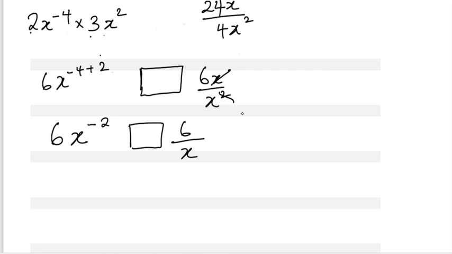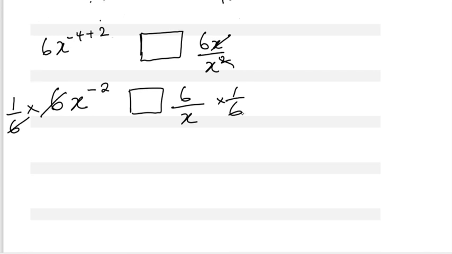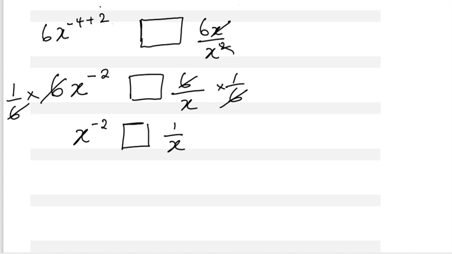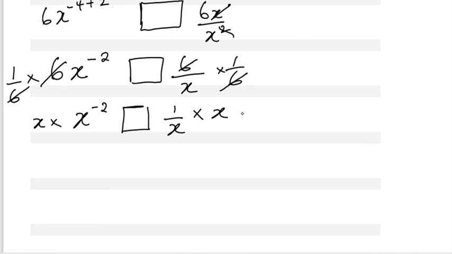We have x to the power of -2, and this will cancel this 1 over x, and we can decide to multiply both sides by x. So if we multiply this by x, what we'll have left here will be x to the power of -1, and over here we just have 1.